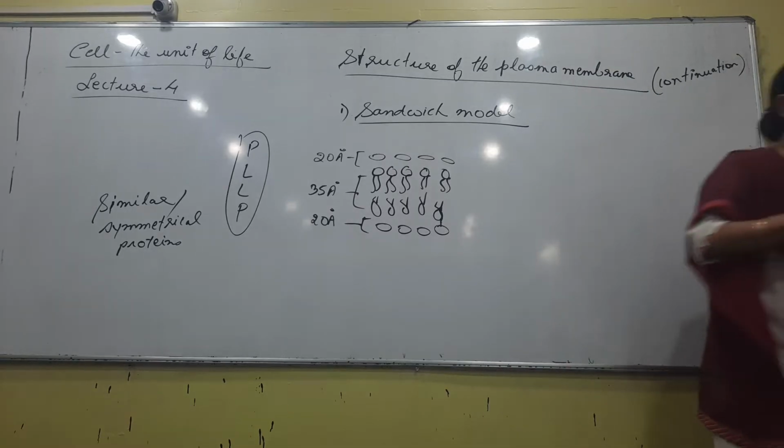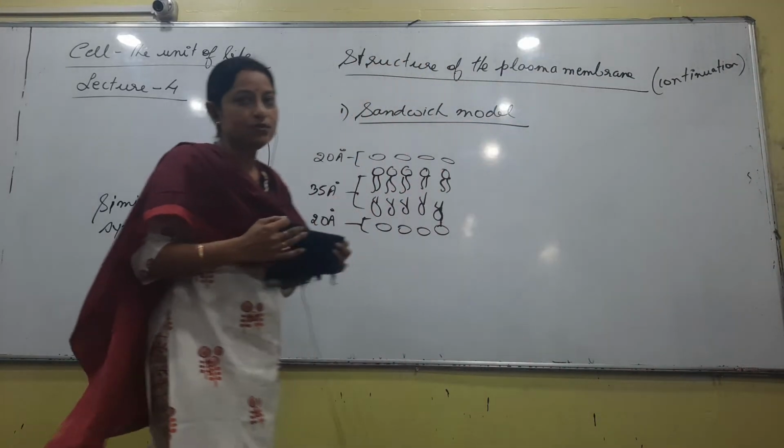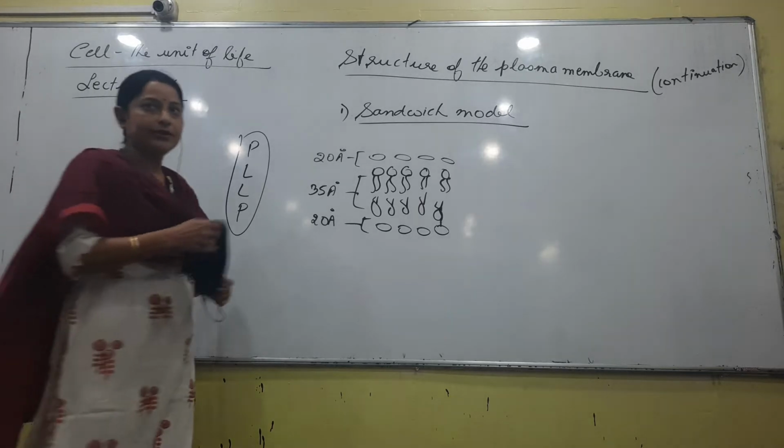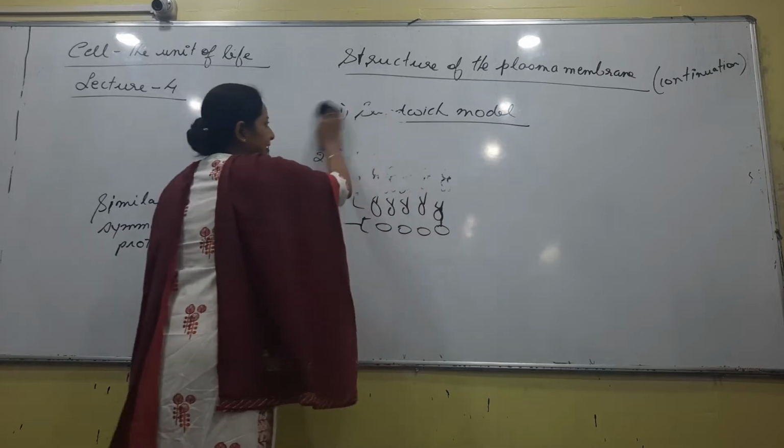Now the unit membrane model. What is very important from this portion? Obviously, the name of the scientist who proposed the model, right? So, keep the scientists' names in mind. Who proposed the sandwich model?